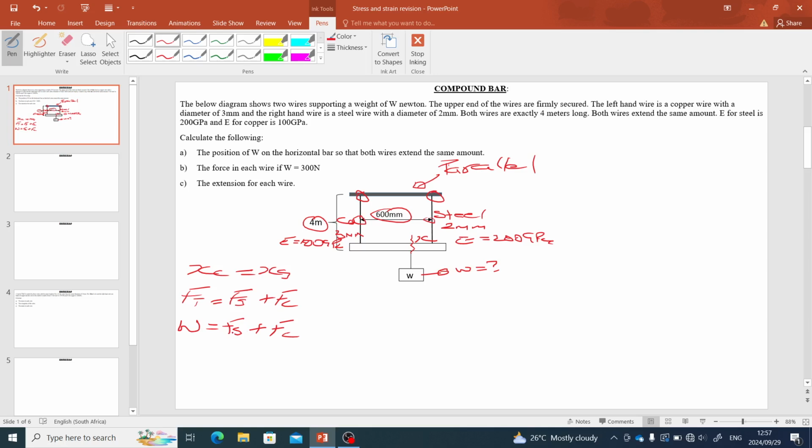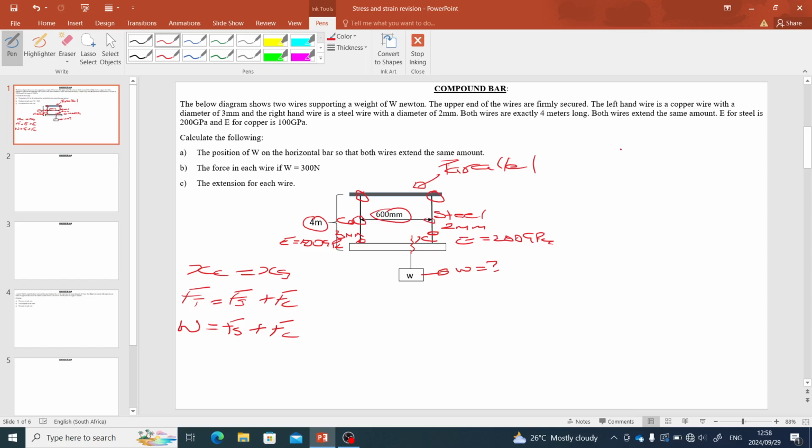Now, in determining the position, we have to determine the forces acting on the copper and on the steel. We will be using the equilibrium principle, the moment of a force, the bending moment principle to solve this.